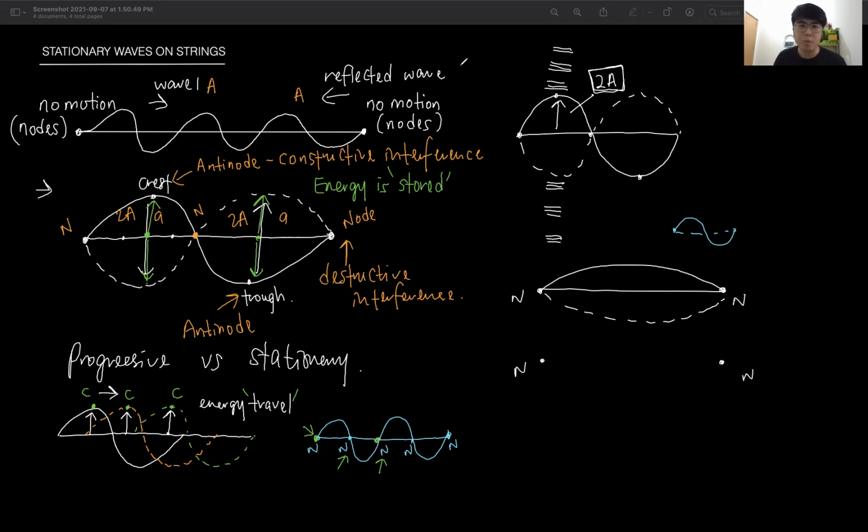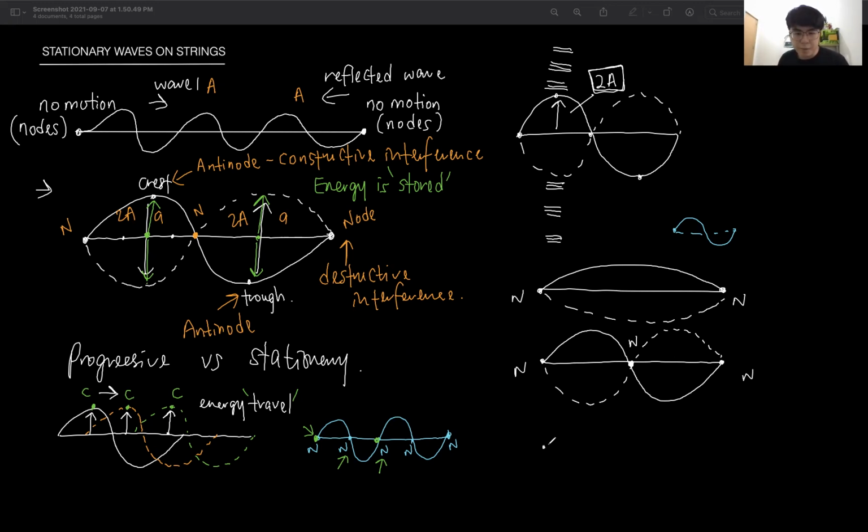This is one complete wave, which gives us the second stationary wave as this one. One complete wave, and this is the vibration. Here I have created a node in the middle, so I have 3 stationary points.